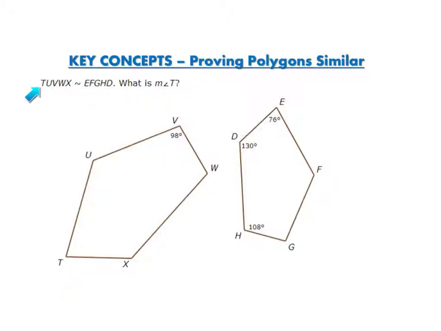Here's the letter T. It's the first letter. You just come over here and find the first letter. The first letter is E. And if you notice, E is 76 degrees. Remember, it doesn't matter how small or how big a polygon is, angles are the same. So the measurement of angle T is the same as E, and it is 76 degrees.